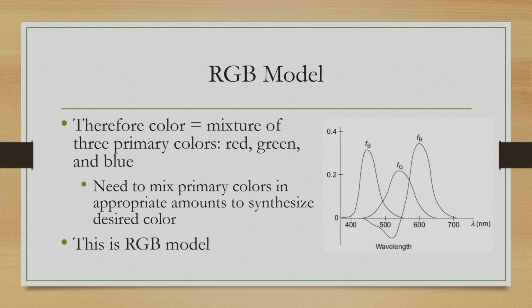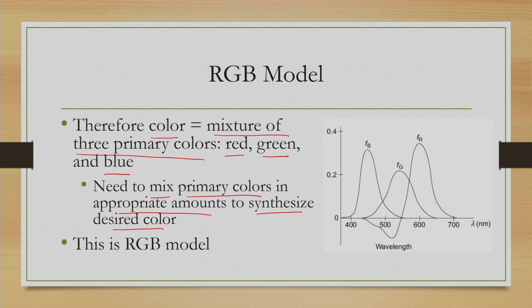Thus, we can think of color as a mixture of three primary colors, red, green and blue, and we need to mix these three colors in appropriate amounts to synthesize the desired color. Now, this idea that color is a mixture of three primary colors, red, green and blue, is called the RGB color model, which is the very basic of the color models.